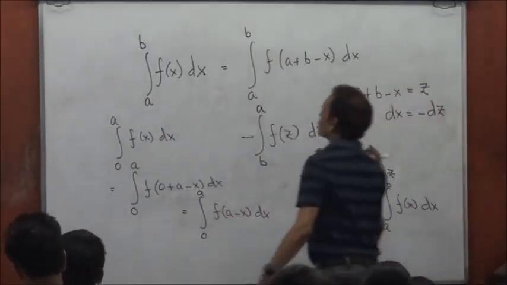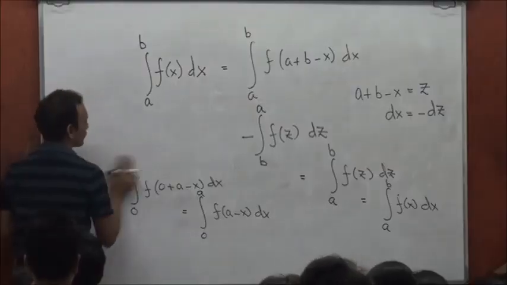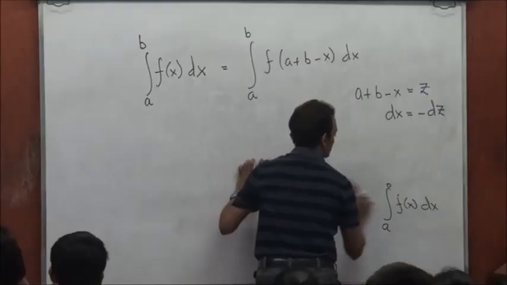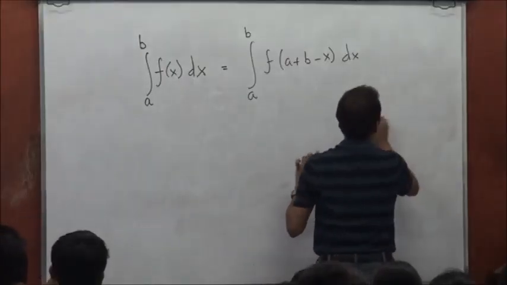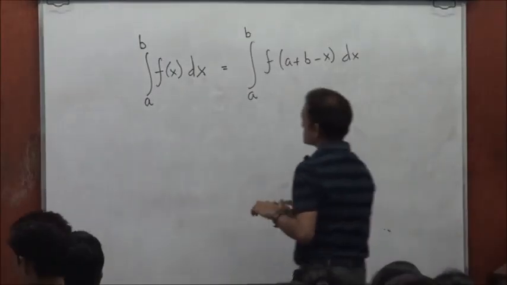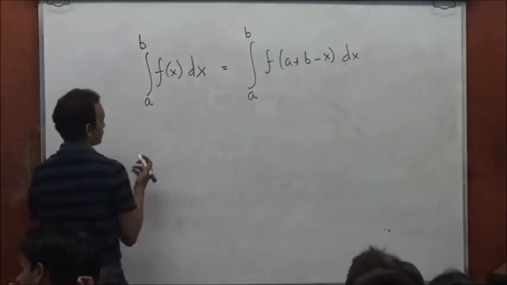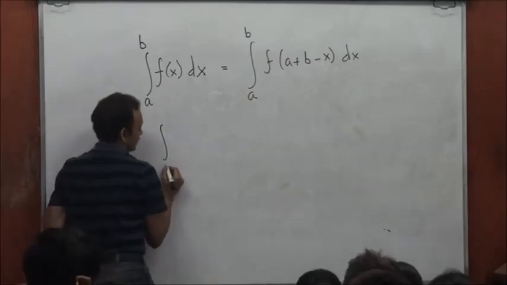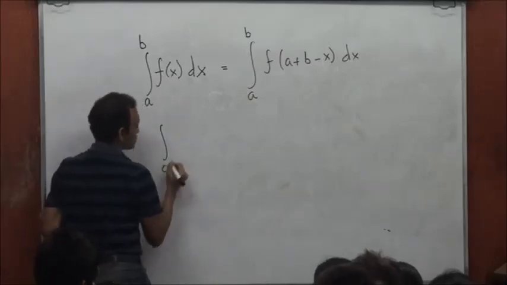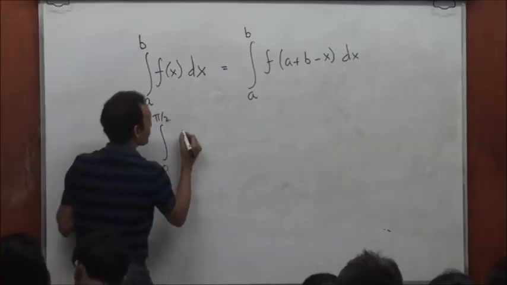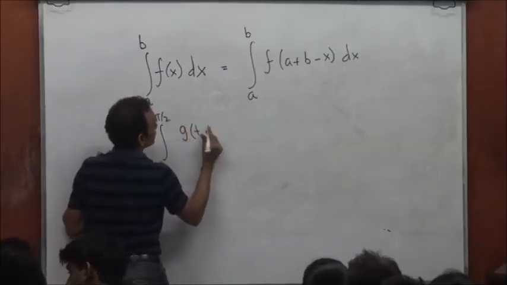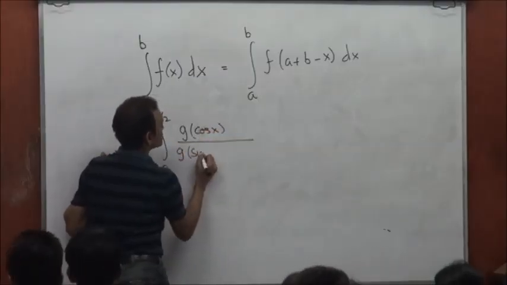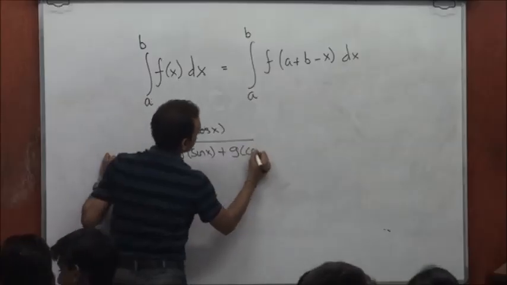Now, say if I had integral 0 to pi by 2 g of cos x by g of sin x plus g of cos x.